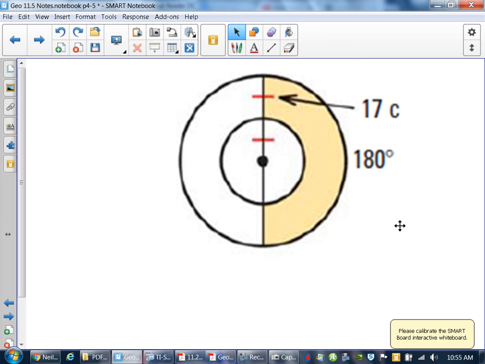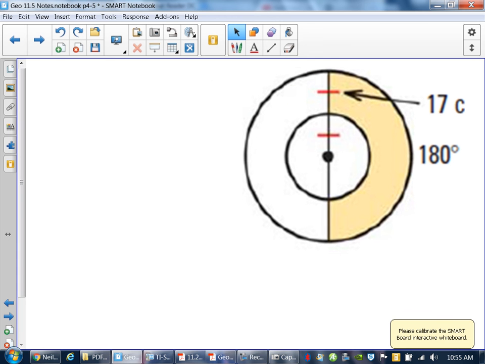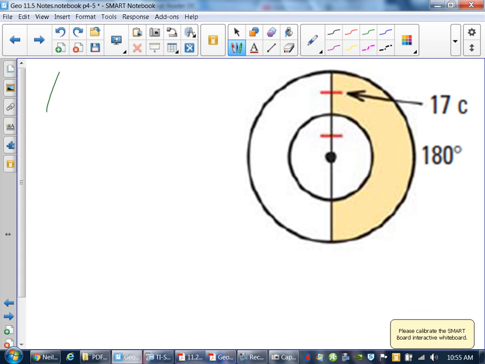Now, one of the reasons they show you that 180 is to show that it's half the circle. So what you've got here is a semicircle with a semicircle cut out of it. Each of those chunks is 17, which means take the area of the large half circle and subtract the area of the small half circle.